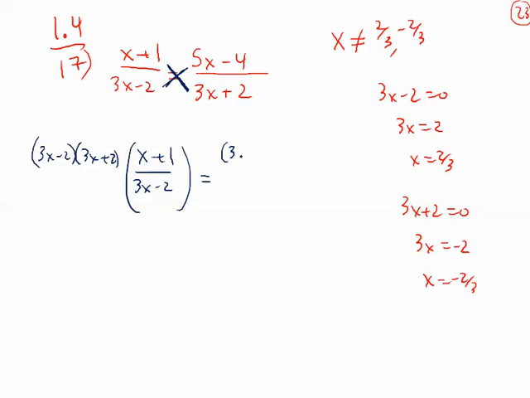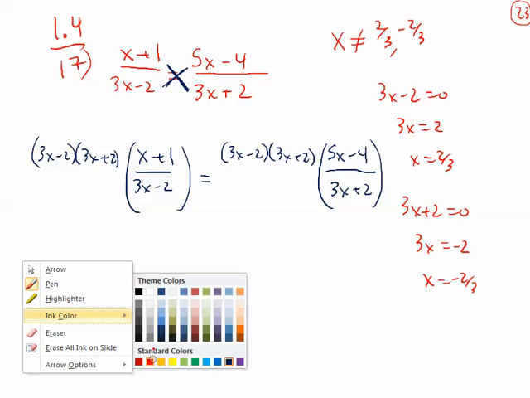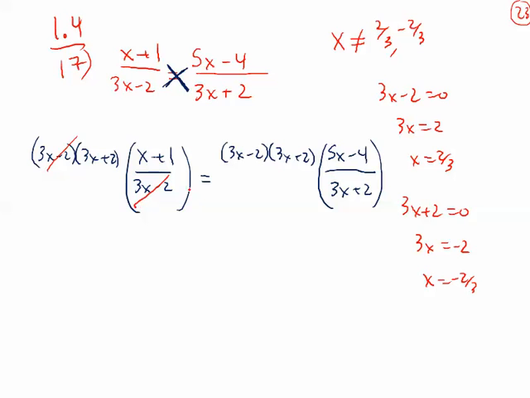But notice when you do that, you're still cross-multiplying, technically, because these two will cancel off, and you're still technically multiplying x plus 1 times 3x plus 2. So you could just cross-multiply, save you a step. Over here, same thing happens. 3x plus 2 is cancelled, so technically you're still multiplying 5x minus 4 times 3x minus 2.